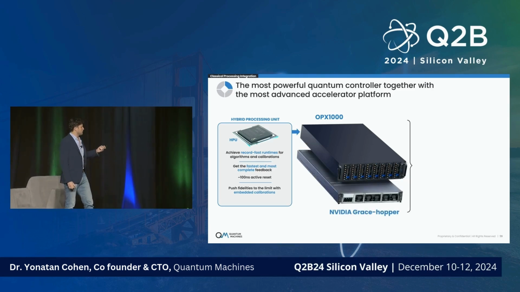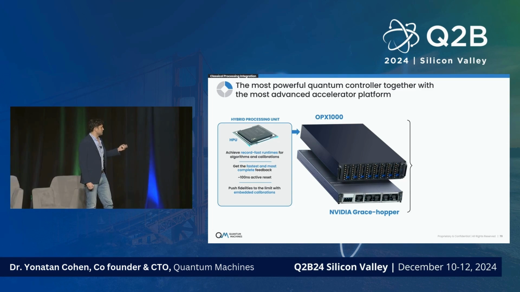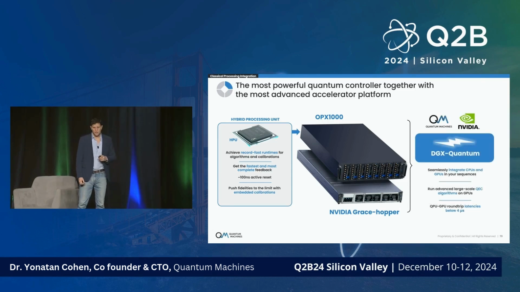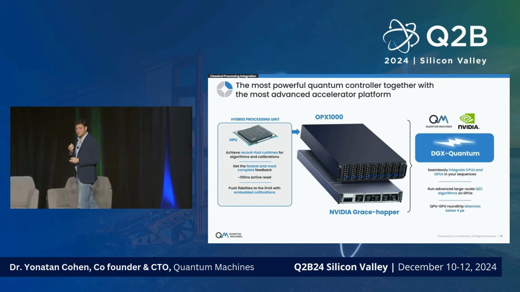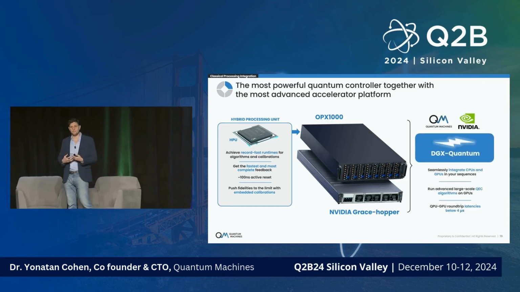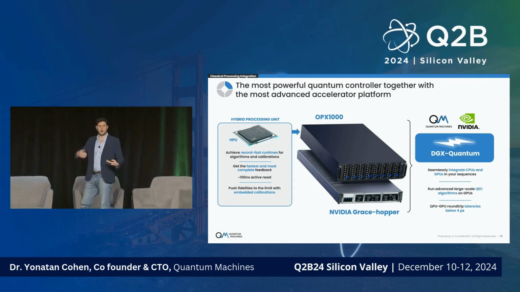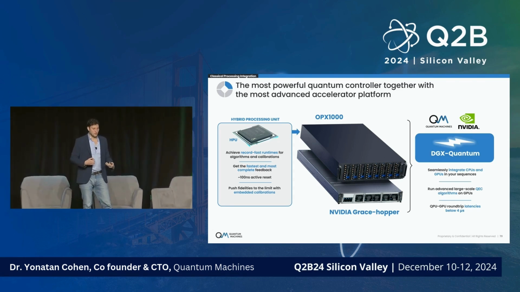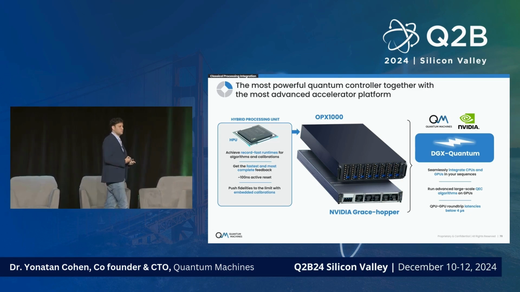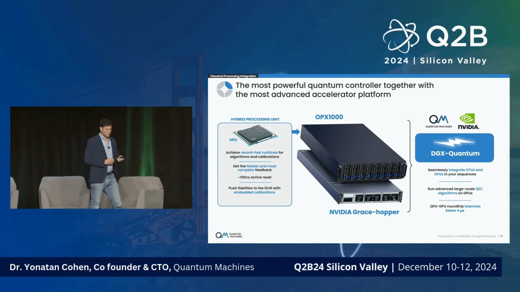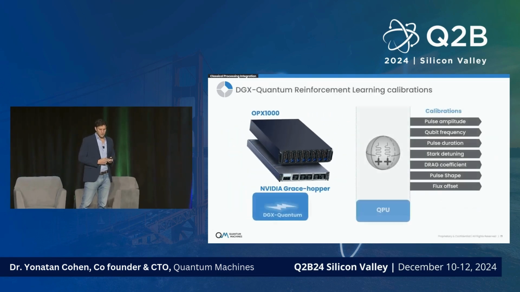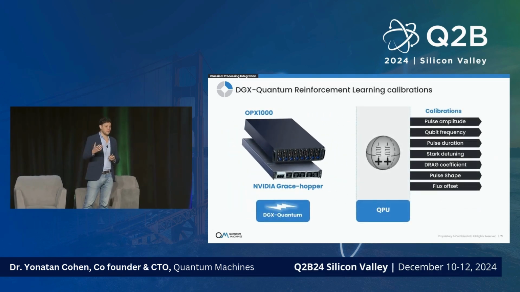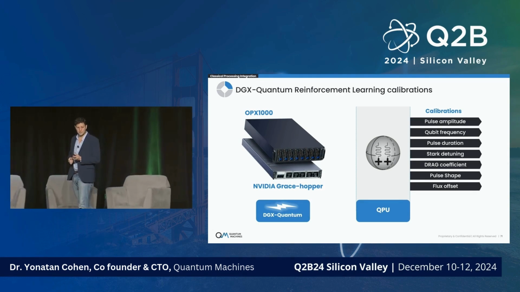And so we've created a very low latency interface between the OPX 1000 and the Grace Hopper system, which allows to seamlessly integrate and run programs in QUA and CUDA and CUDA Quantum to perform these quantum classical workflows. We've just started using this system, doing some first demonstrations with the system in the Israeli Quantum Computing Center.